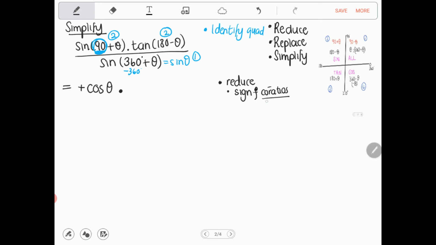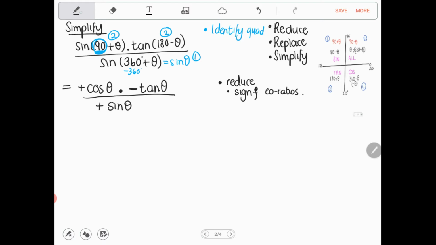Okay, so watch your co-ratios. Okay, next one, tan in the second is negative. So it's negative tan of theta. And sine in the first is positive, so it's positive sine of theta.